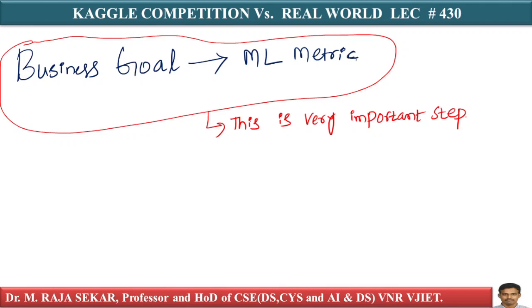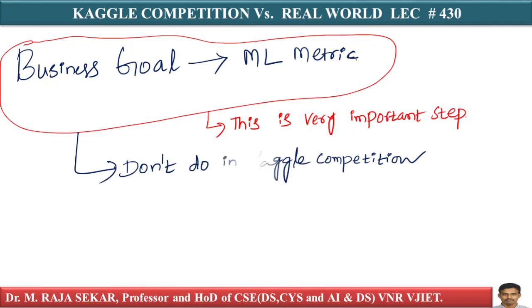This is a task that you don't do in a Kaggle competition. In a Kaggle competition, they give you the metric. They say log loss, reduce it.